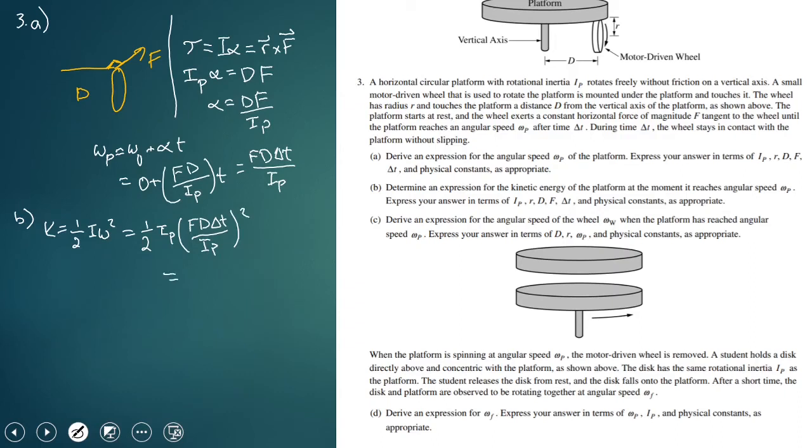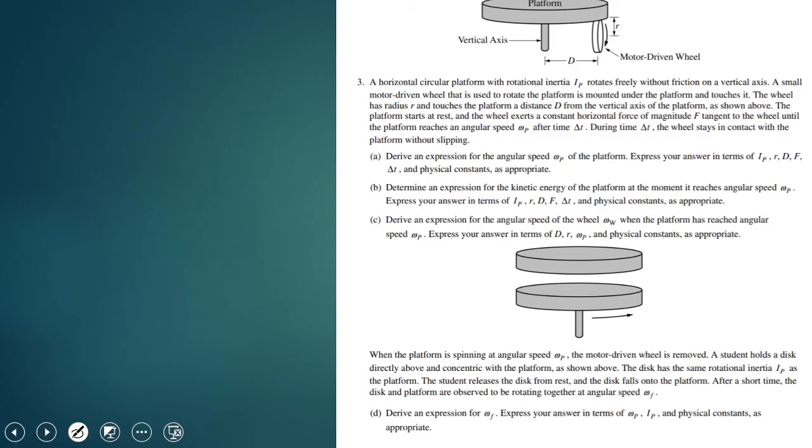Working this out, I'm going to leave this part together because there's no cancellation, and then divided by 2 I sub p. This is because in the denominator we have I sub p squared, and in the numerator an I sub p, so they cancel, and we're left with just one I sub p in the bottom, and then we're multiplying by 1/2, and that's how we get this final expression.